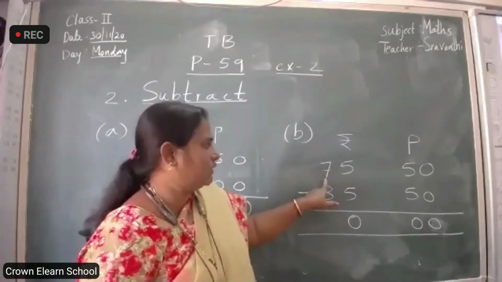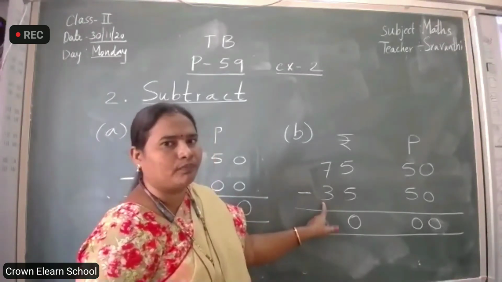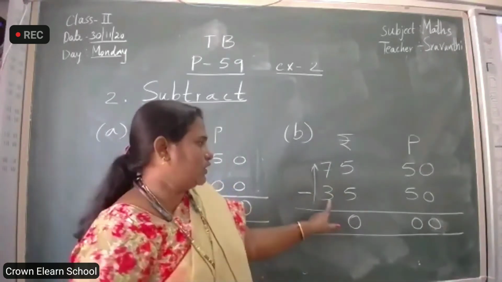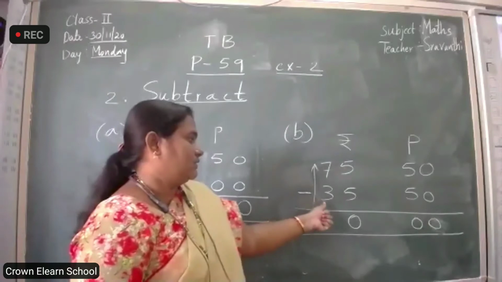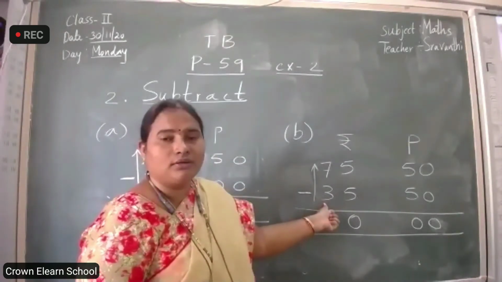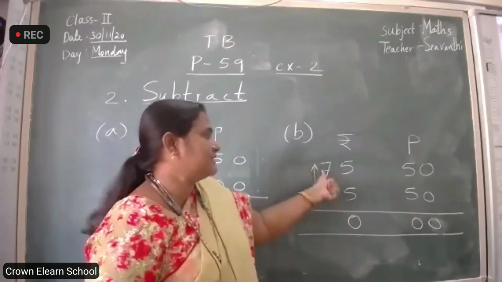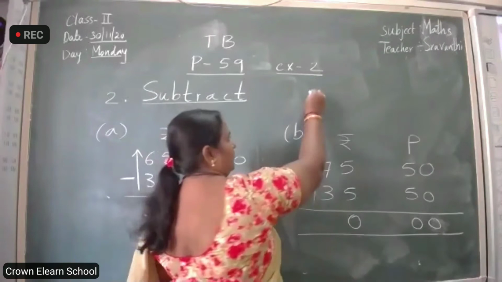Let us go to the tens place. This process we will do. Close all fingers. You also close all fingers. 3 is there. 3 after, till we get 7. What do you have to say?